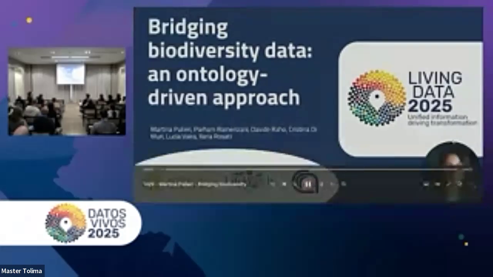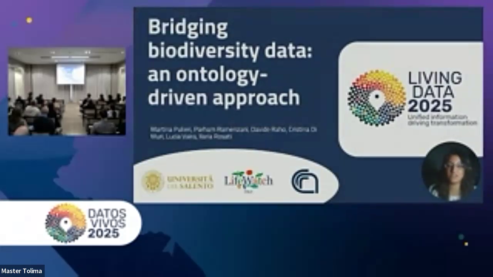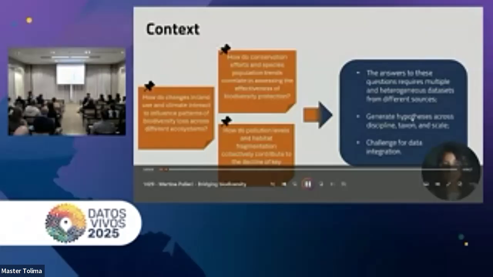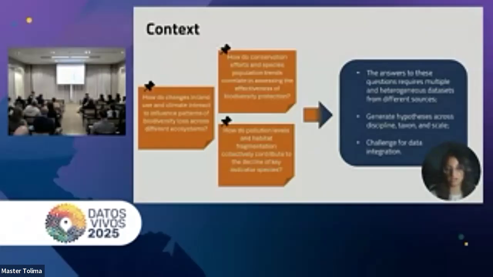Hello, everyone. My name is Martina Bulieri, and I'm a researcher at University of Salento. So the first thing that I wanted to ask you today is what these questions have in common. So I will read it with you.